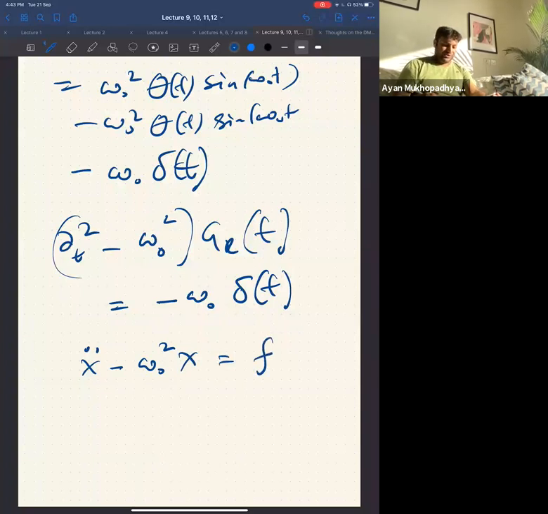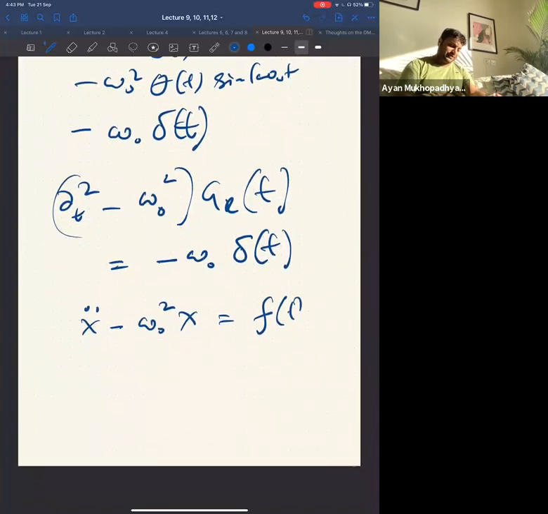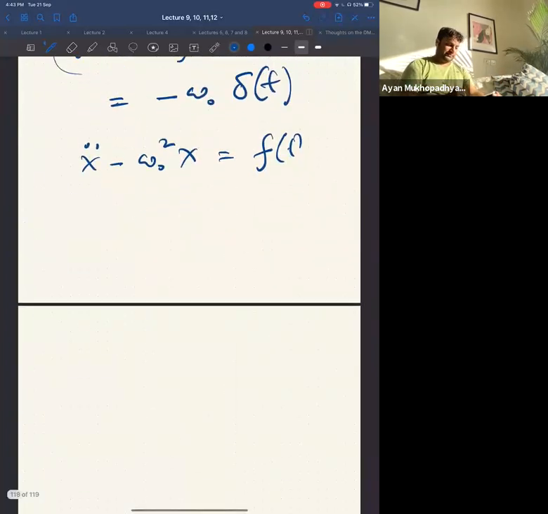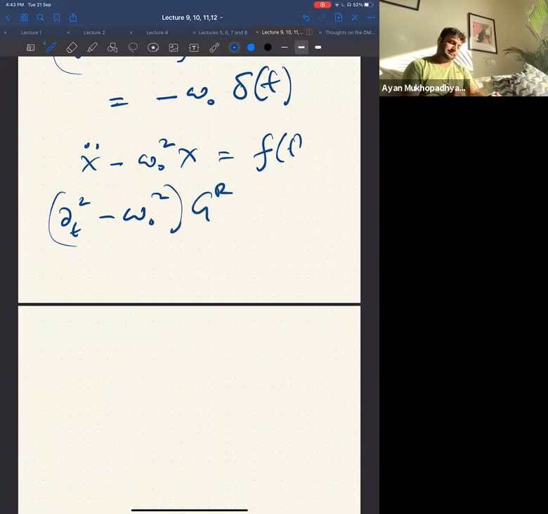What will you do? You will basically try to solve for a Green's function, G_R equal to some delta.